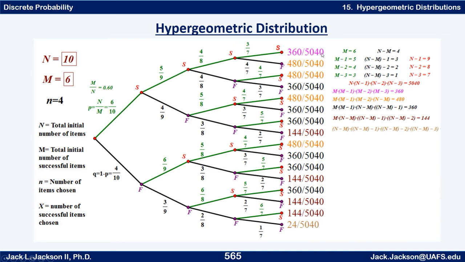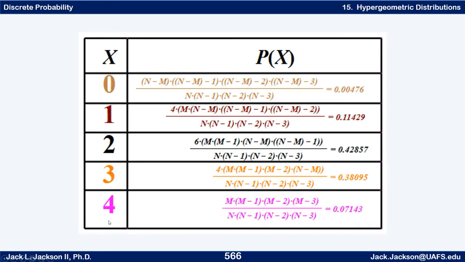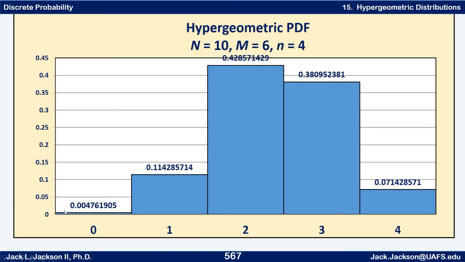I have not reduced these. All of these fractions definitely will reduce. And so here are the probabilities. And there is the graph of the PDF with the probabilities to many places.